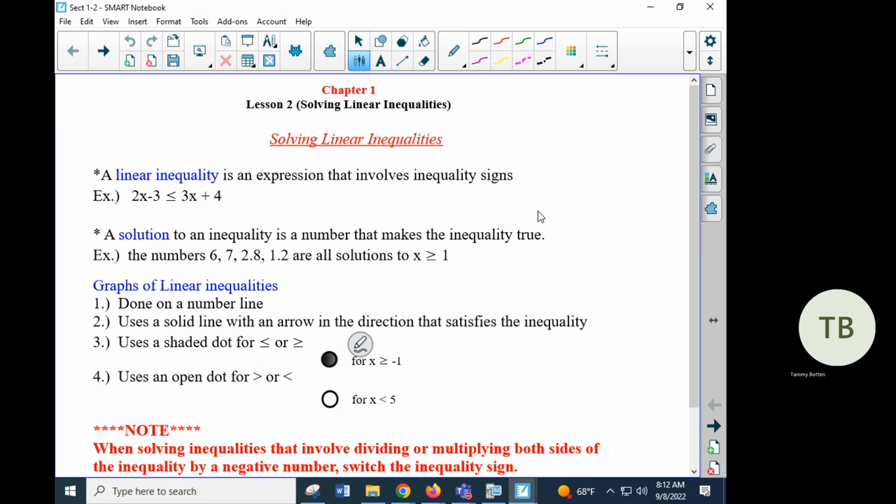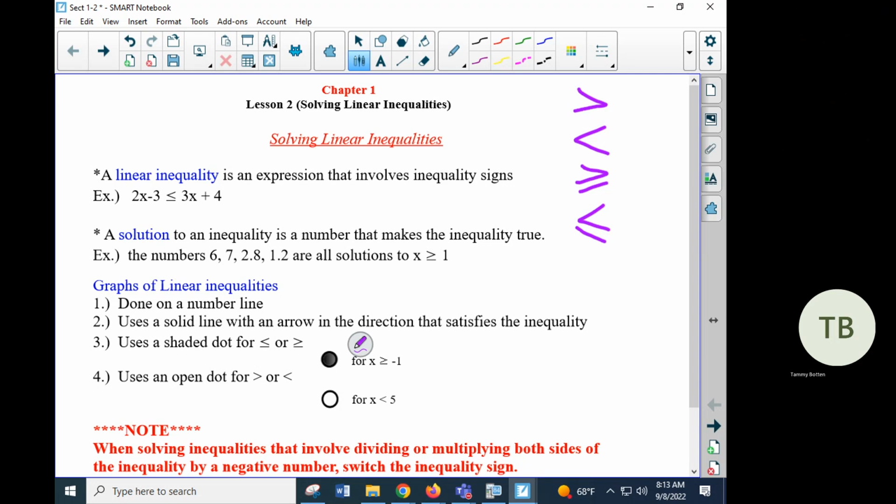All right, so yesterday at the end, we solved equations. And today what we're gonna do is solve inequalities. So what it means to solve an inequality is just that it's gonna have either a greater than sign, a less than sign, a greater than or equal to, or a less than or equal to sign, okay?